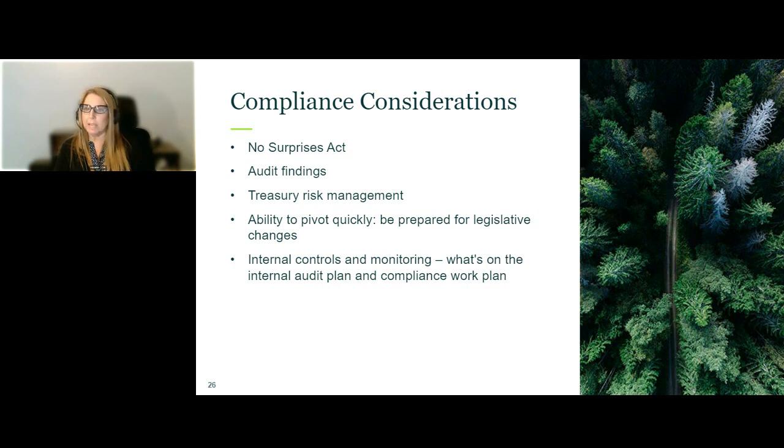Oftentimes we have our really big risk assessments in the organization, but we really want to make sure we're assessing the landscape and communicating to governance about shifting things that might require pivoting the work plan, adding in, or getting some external assistance to make sure you're in compliance with all of these pieces. We could talk on and on around this, but just some food for thought.